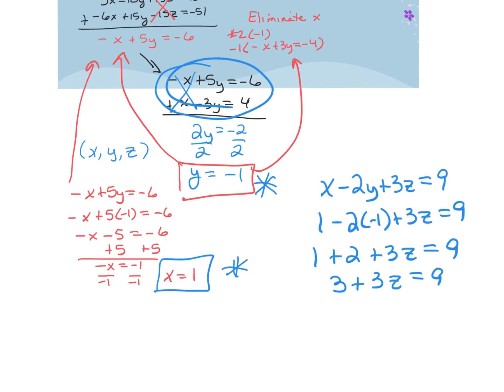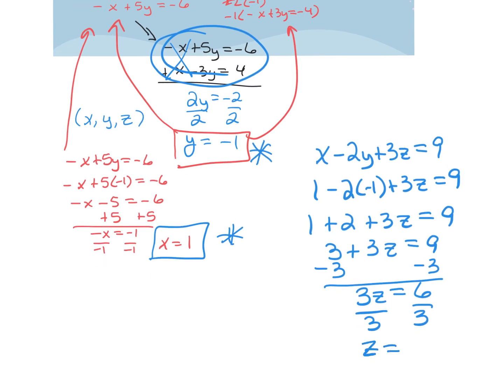Move the 3. Subtract here. Divide. And z equals 2. My ordered triple is the numbers 1, 2, and negative 1. Did I do that? No, I did that in the wrong order. Wait, back up. The y goes in the middle. 1, negative 1, positive 2. x, y, z.